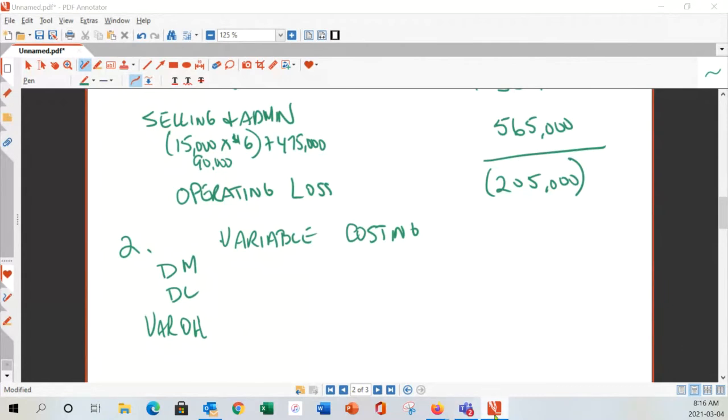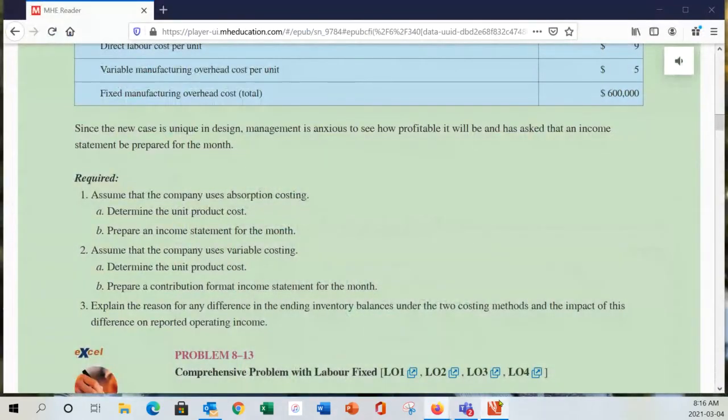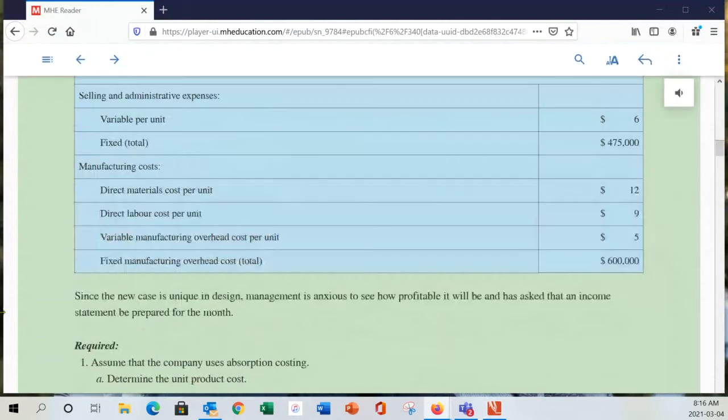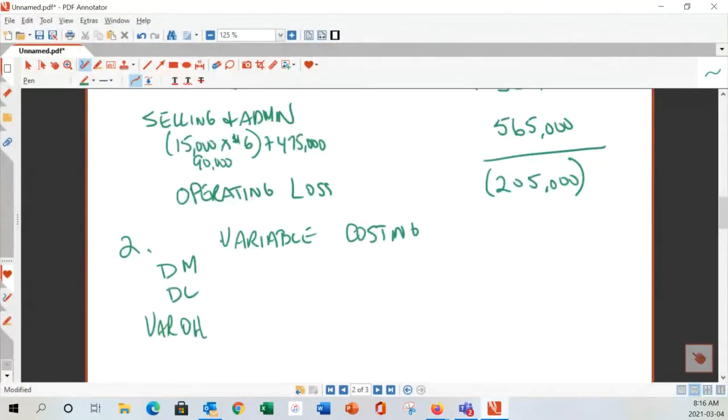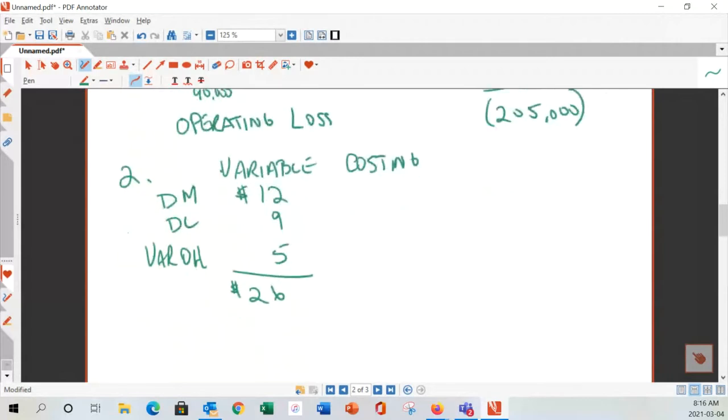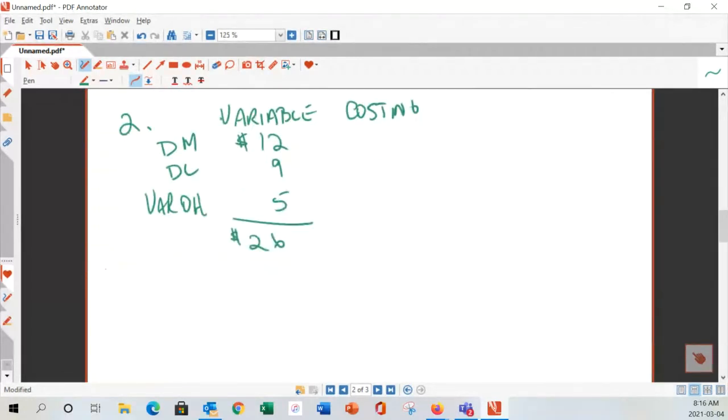And you'll note no fixed overhead here, right? So we have the 12, the 9, and the 5. That's all we have here for our unit cost. And we have $26.